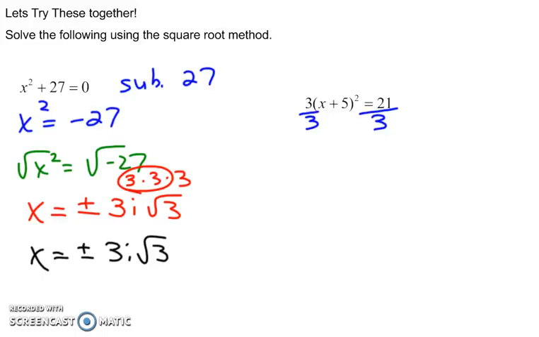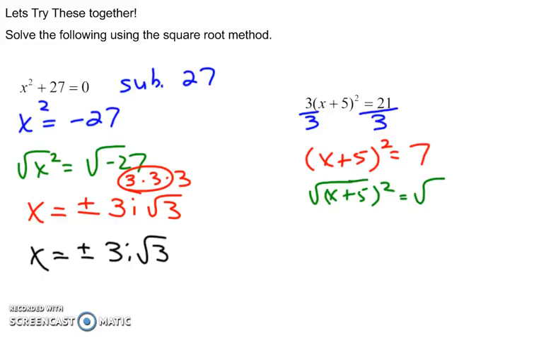Again, I want to isolate my squared value. So we get x plus 5 squared is equal to 7. Next, we take the square root of both sides. So we're going to pull whatever is within the square root sign out.